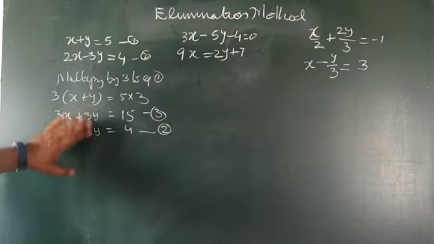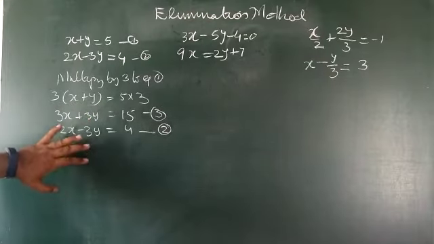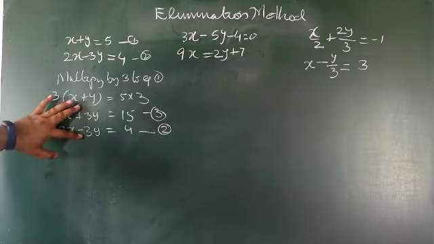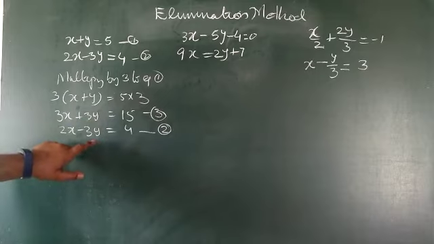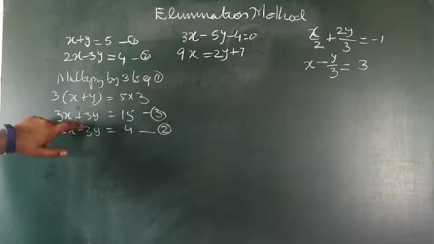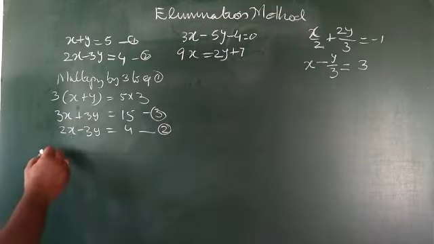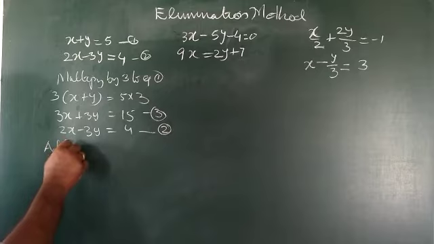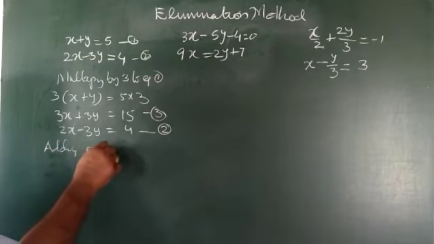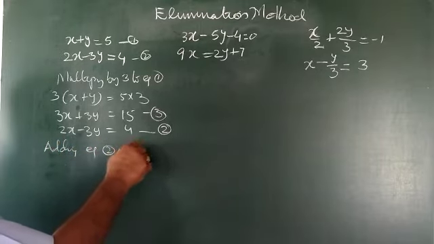If we add these two equations, then the opposite signs will cancel. So 3y and 3y will be deducted, cancelled, eliminated. So this is the elimination. So you can say adding equation 2 with 3.